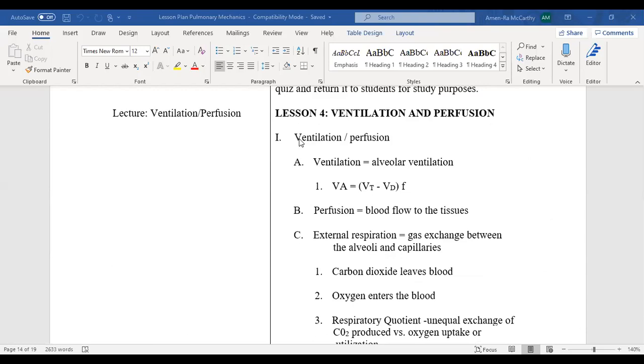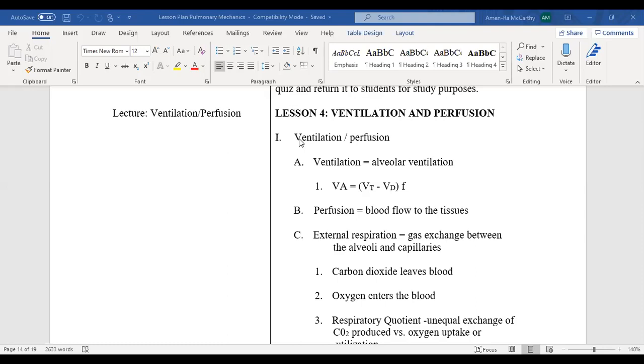Let's look at this same alveoli again. Ventilation to perfusion is known as the VQ ratio. V is for ventilation and Q is for perfusion.